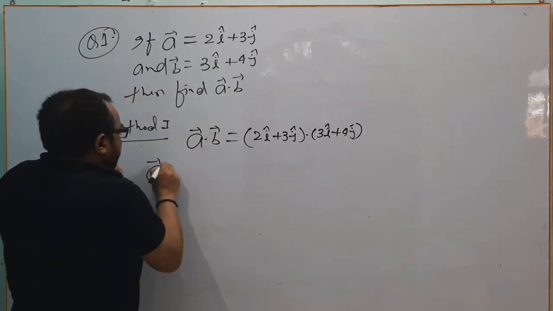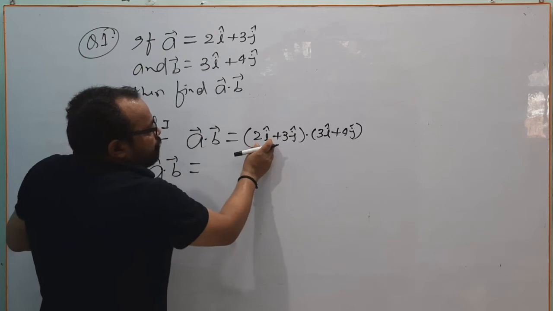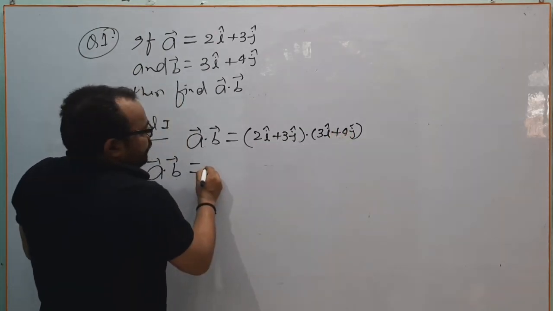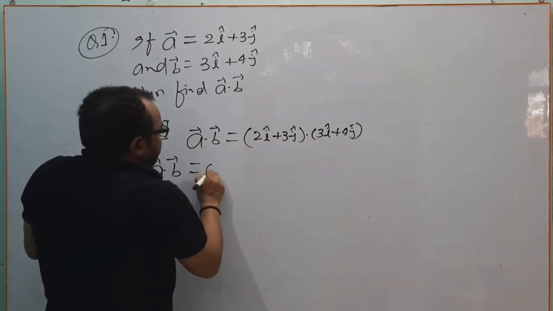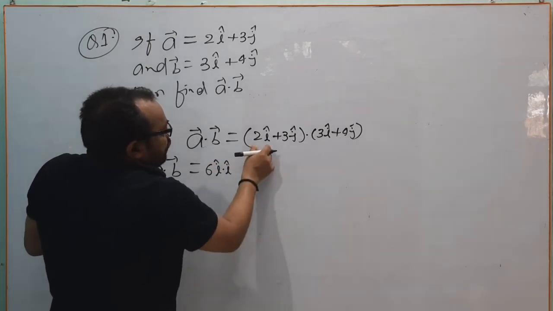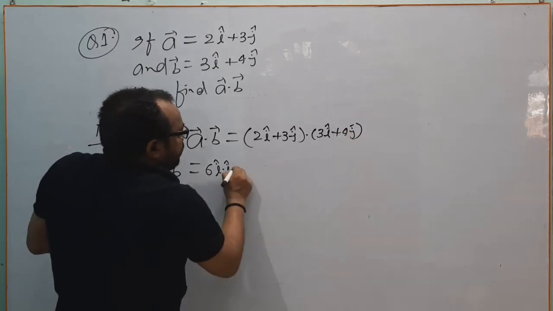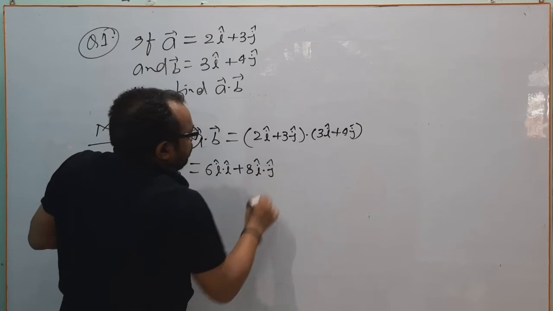It can be written as A dot B is equal to the dot product of 2i taken with these two vectors. This will be 2 multiplied by 3, which is 6, times i dot i. After that, the dot product of 2i taken with 4j cap, plus 8 i dot j.